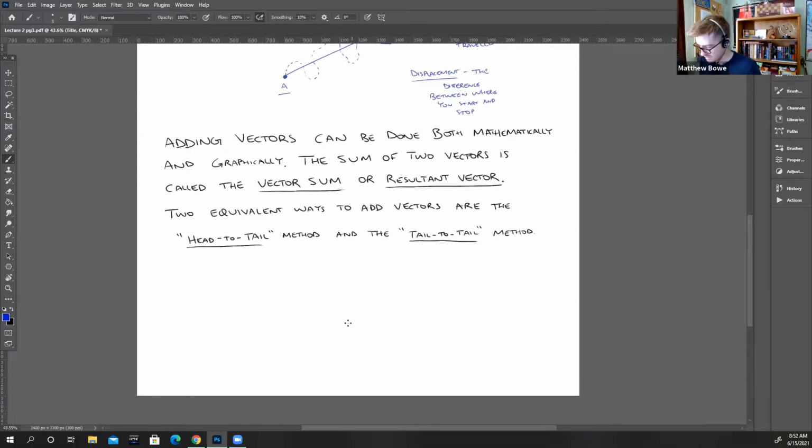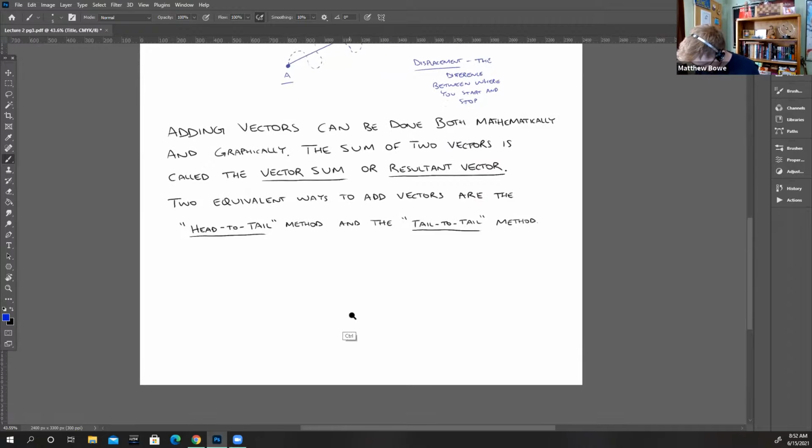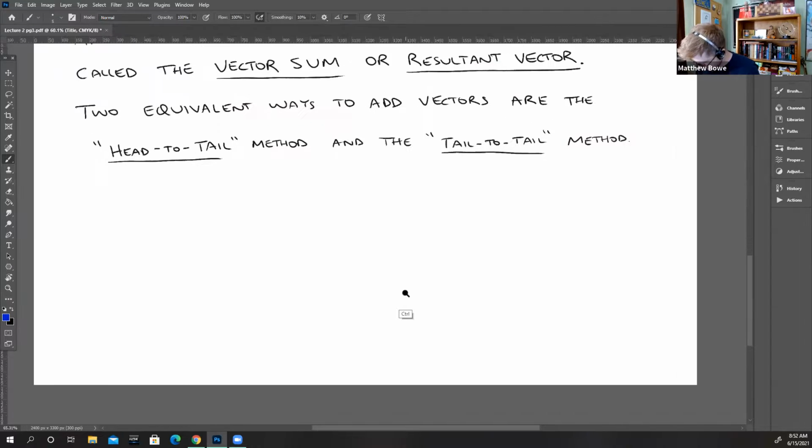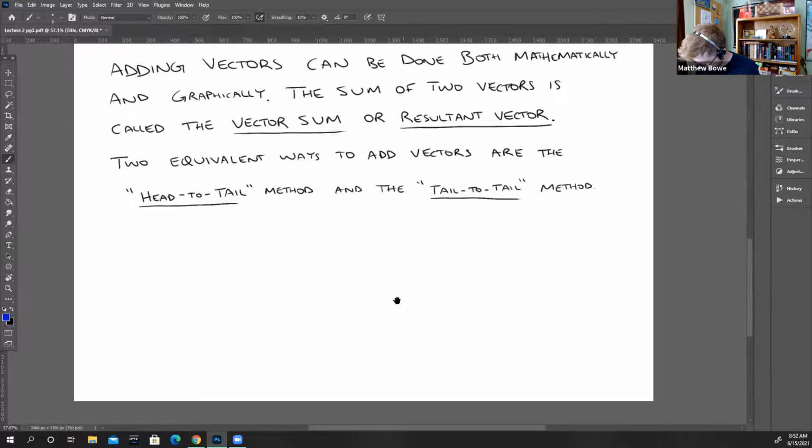So let me try to draw these. We want to add two vectors together. Let's say there's vector A, which goes like that.